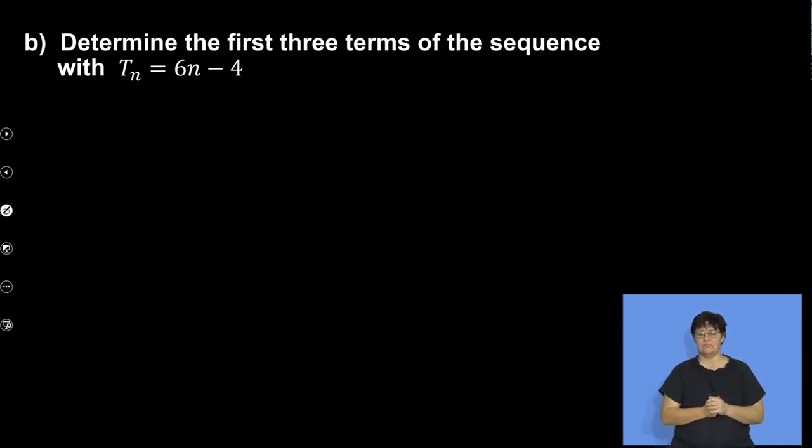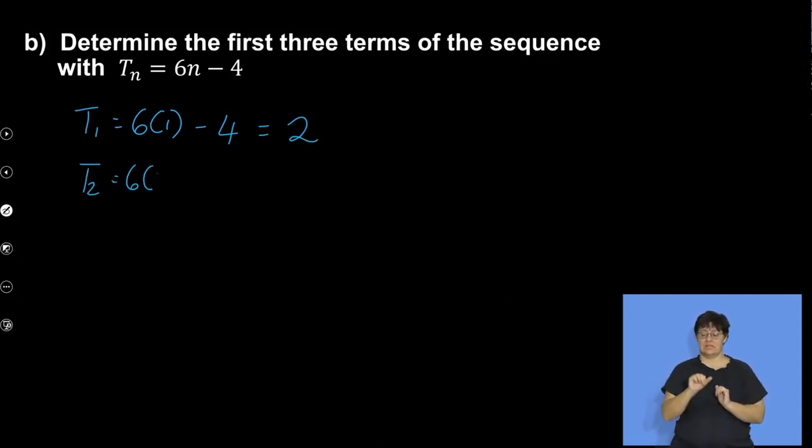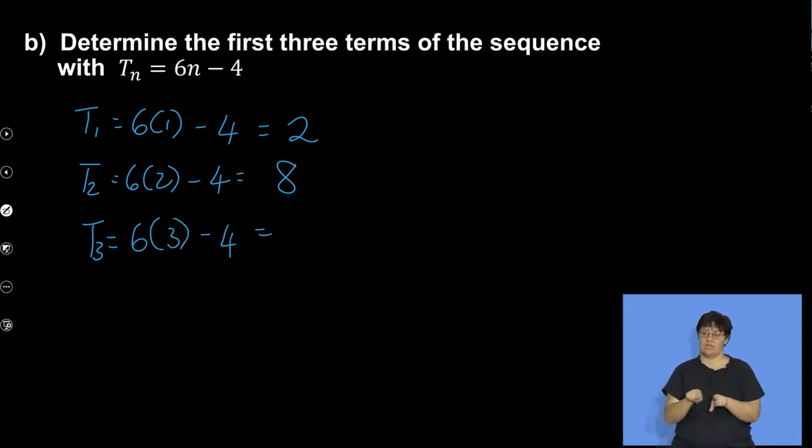If we're going to determine the first 3 terms of this sequence, T1 will be equal to 6 times 1 minus 4, which gives me an answer of 2. T2 will be equal to 6 times 2 minus 4, which gives me 8. Then T3 will be equal to 6 times 3 minus 4, which will give me 14.